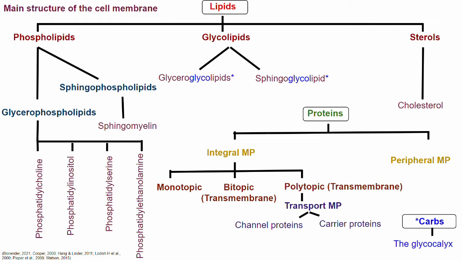These carbs could be part of the lipids, for example glyceroglycolipids, sphingoglycolipids, or they could be part of the proteins, because most of the proteins that have a portion outside the cell, facing the extracellular matrix, are glycosylated, so they have carbs attached to them.